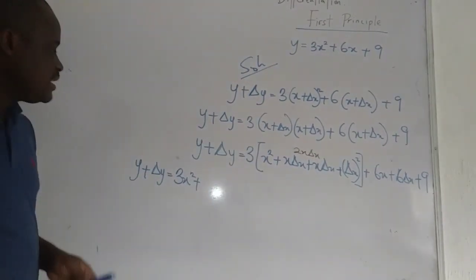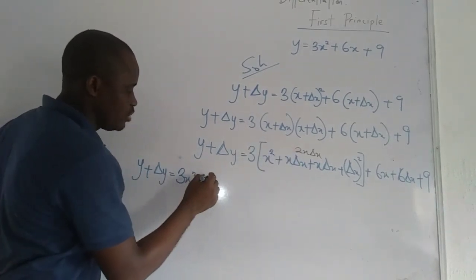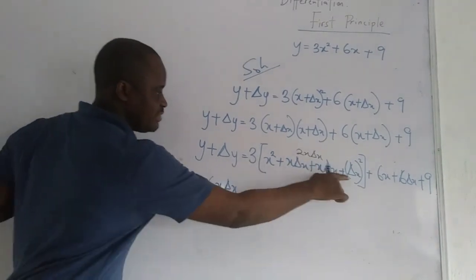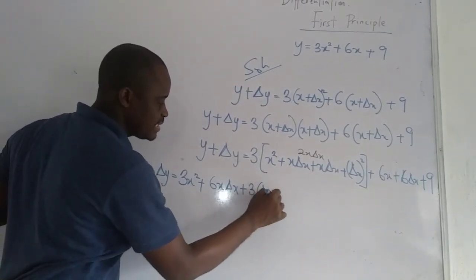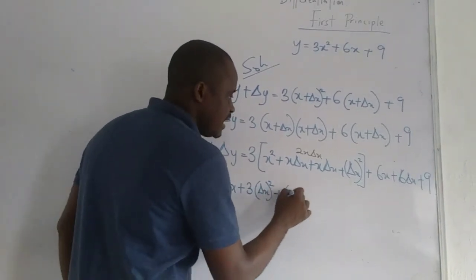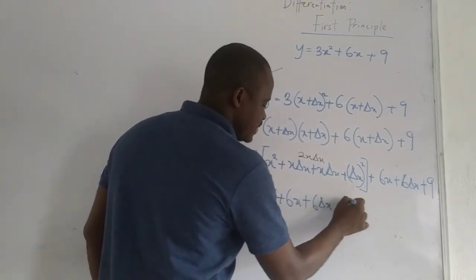So with that will be plus. Now 3 times 2x delta x will give you what? 6x delta x. Now 3 times this will give you what? Plus 3 into bracket delta x all squared, then plus what? 6x plus 6 delta x plus 9.